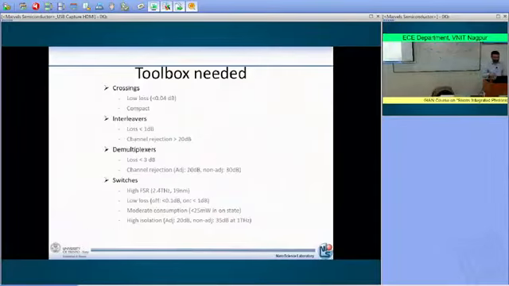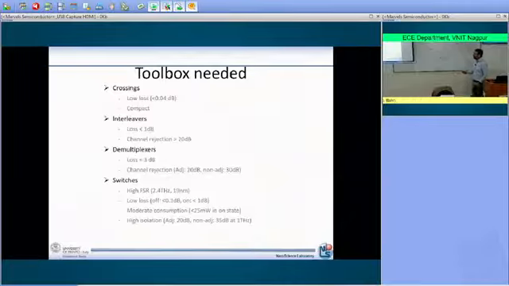Okay? So these are the building blocks that we have to be able to implement in this integrated circuit. The crossings should be characterized by very low losses because we have many of them, and should be compact because otherwise we would need a full wafer for making our network.